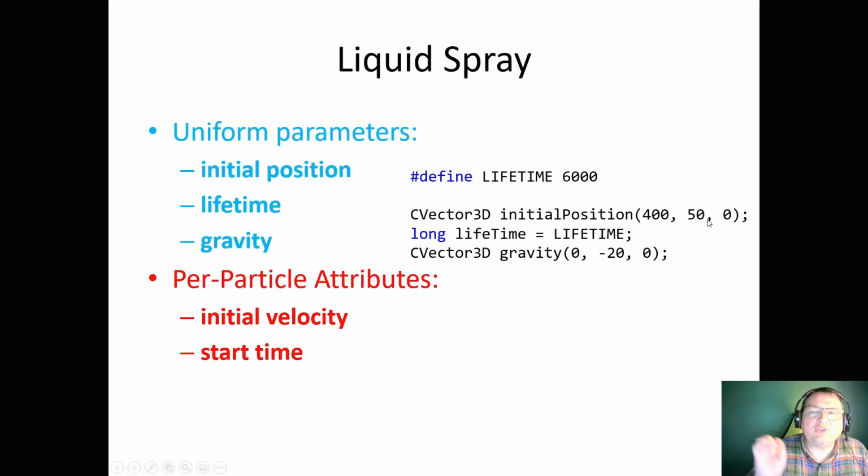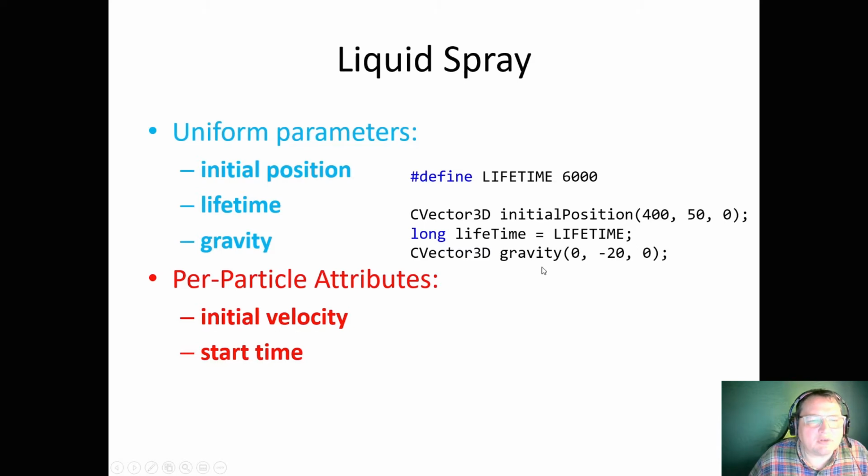Y coordinate is 50, that's near the bottom of the screen, so exactly where we want this initial position, and the z coordinate 0 can be now ignored, but it is already here. Lifetime, a variable lifetime, is equal to our constant 6,000, so it's an easy part.